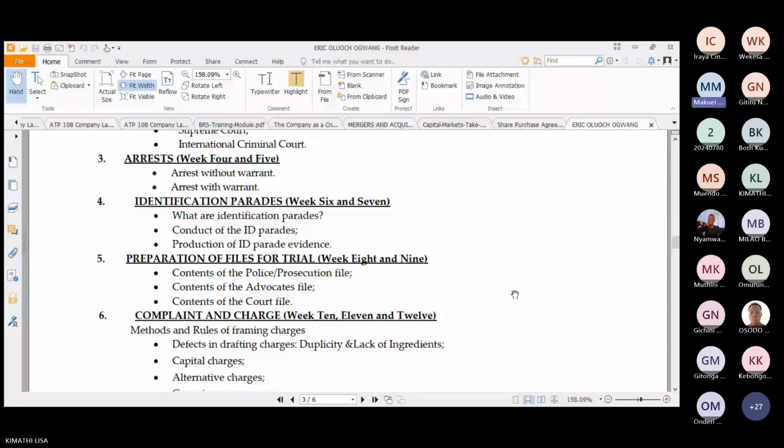Is that the position? Yes, I think you will need to work out cognizable and non-cognizable offenses. What are those offenses? Because most likely someone will want you to differentiate between the two.